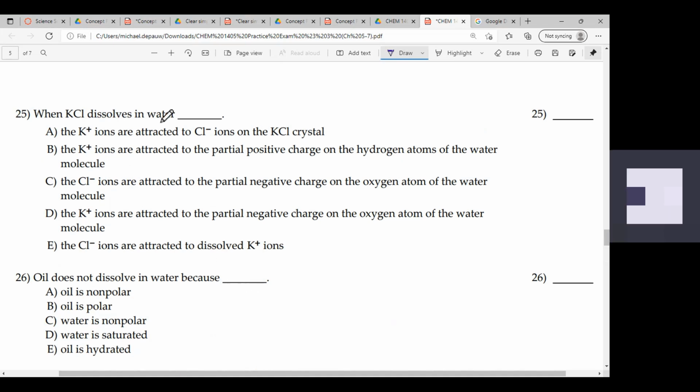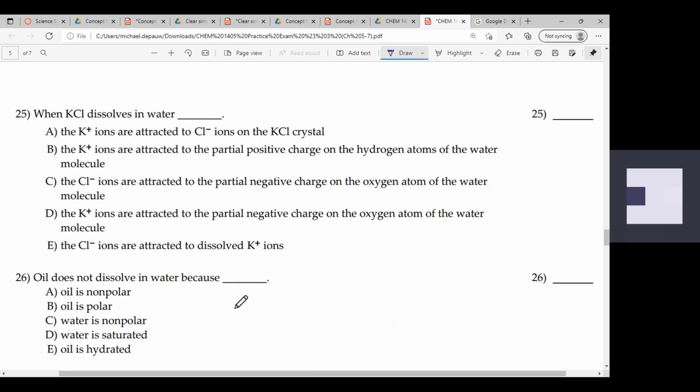When KCl dissolves in water, and then it has all these different things. Okay. So this is about solution dynamics. Now, when KCl dissolves in water, first of all, because KCl dissolves, the ions are going to separate, right?